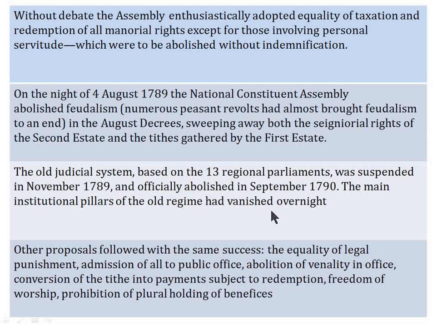So something was vanished overnight. There was something, some old laws, they have vanished. Next, other proposals followed with the same success. So there are other proposals too. In this they have mentioned some of the proposals and there were other proposals too. So this can't be the first one again. So out of this will be the first.